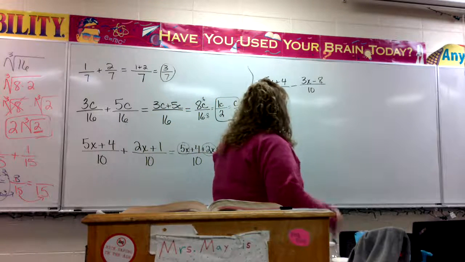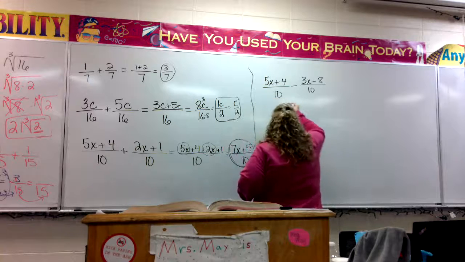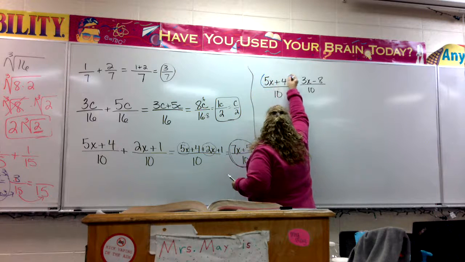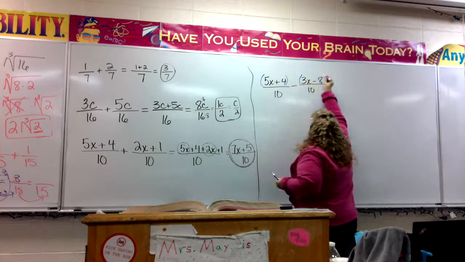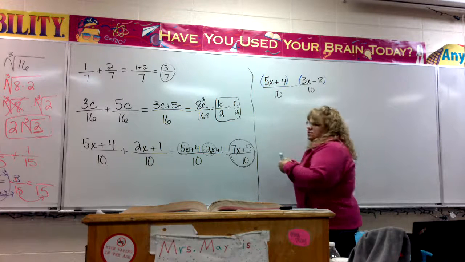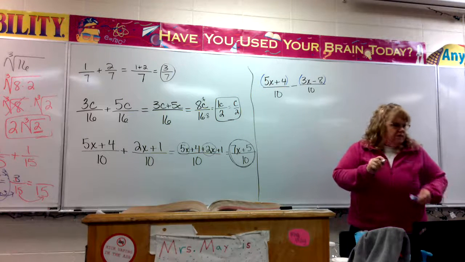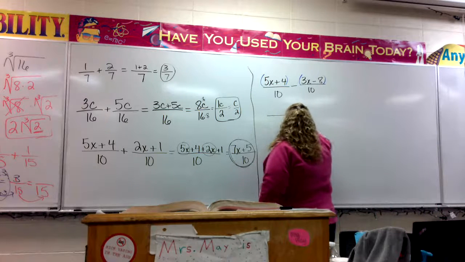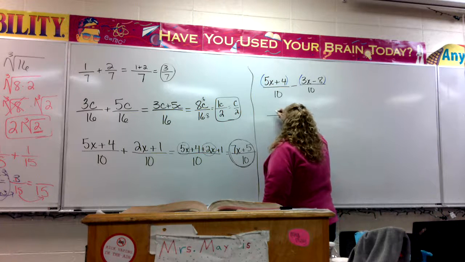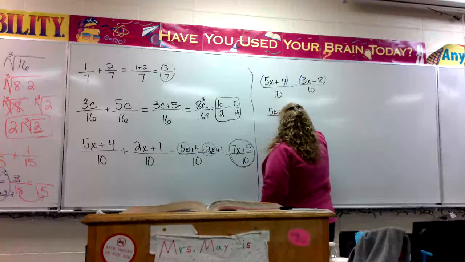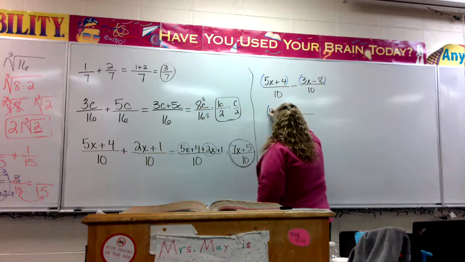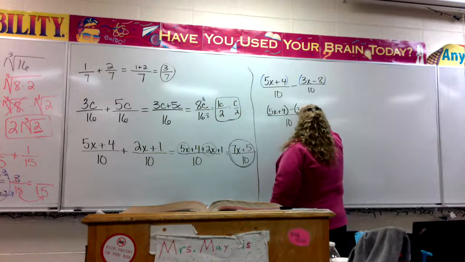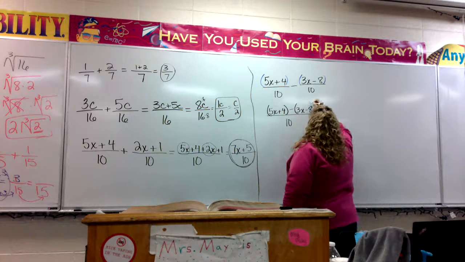Here's where it might be a good idea to put parentheses. It doesn't look like it's that hard to start off with, right? It's already a 10 under there. I got 5x plus 4, take away 3x minus 8.